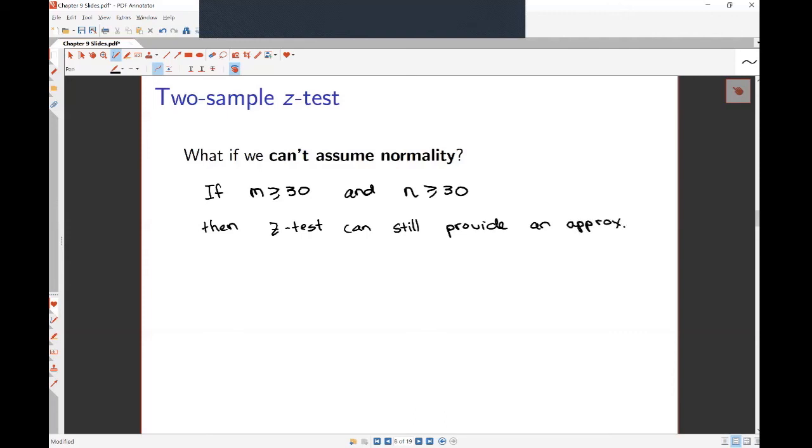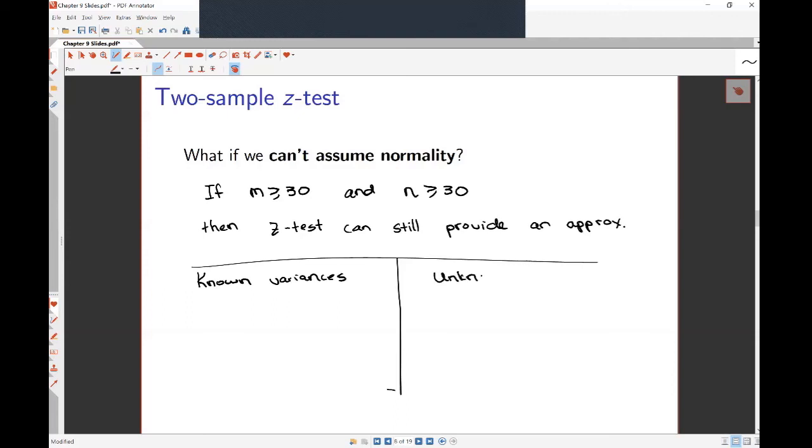Now, the test statistic is going to depend on whether you're in a situation where you know the population variances or whether you have to use sample estimates. So there's a way to calculate it with known variances and a way to calculate it with unknown variances.